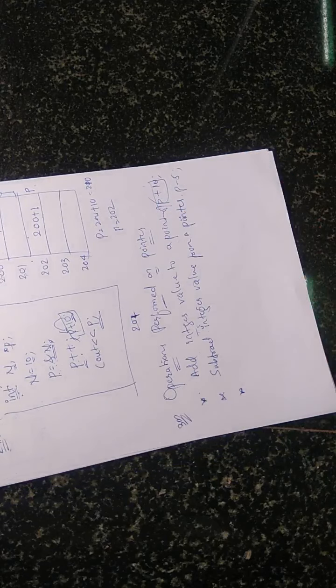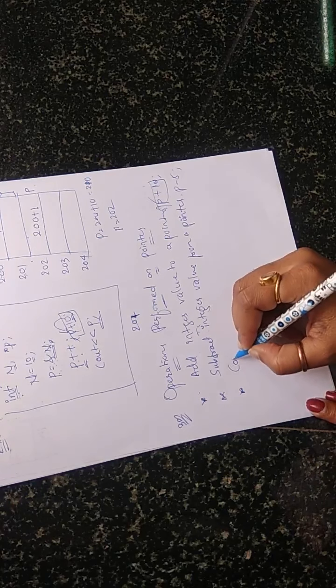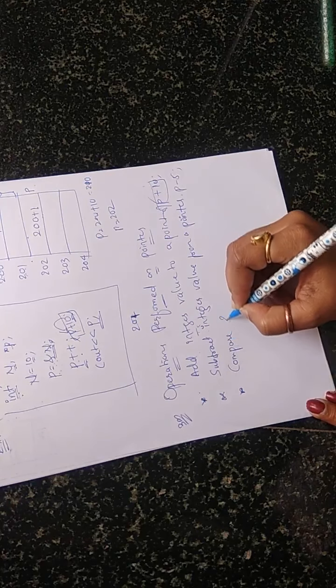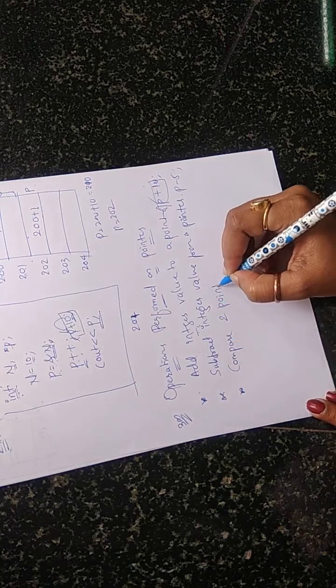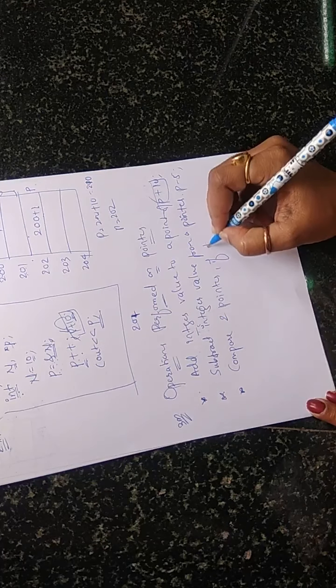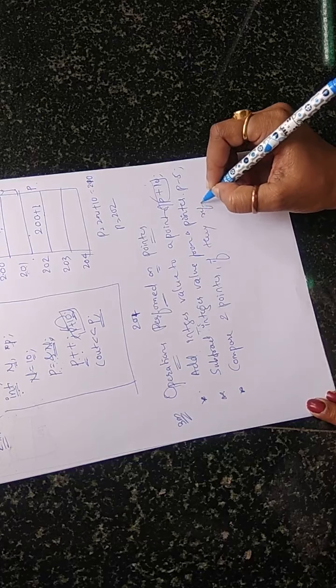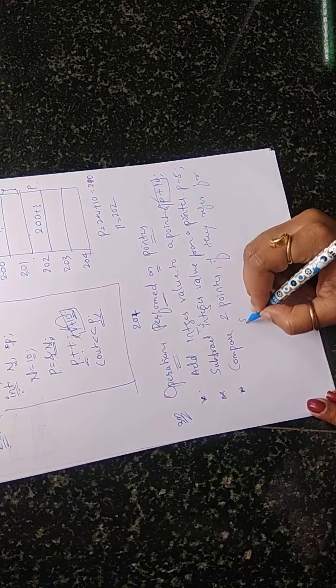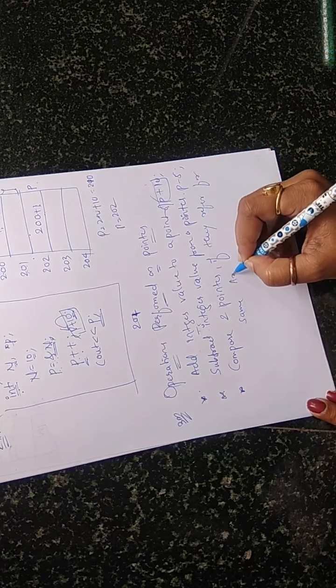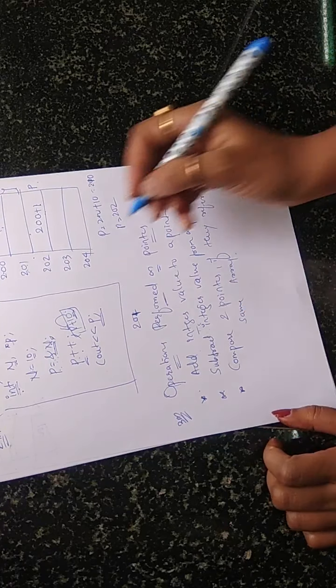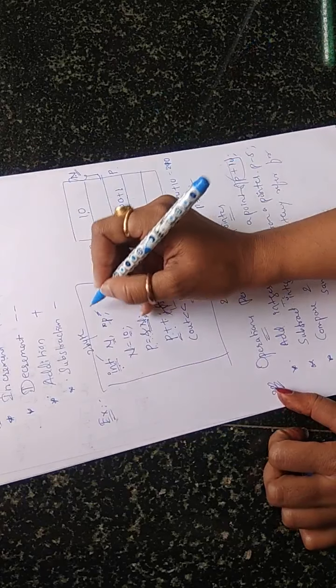Next, the third operation which we can perform on your pointer variable is, we can compare two pointers if they point to elements of the same array. Suppose, consider one pointer I had declared, that is star p.